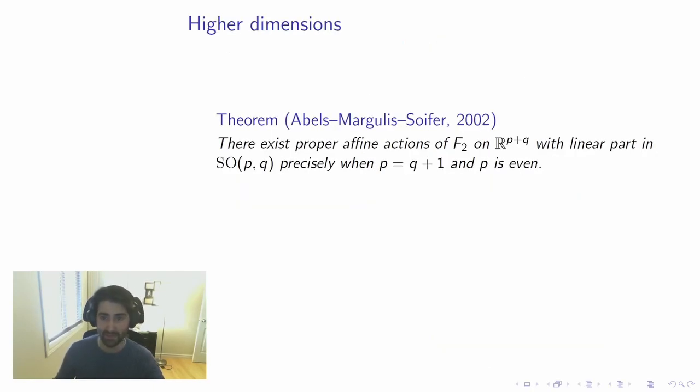So in higher dimensions, now we leave dimension 3 and we ask: the question is basically answered in dimension 3 through these strip deformations. What happens in higher dimensions?